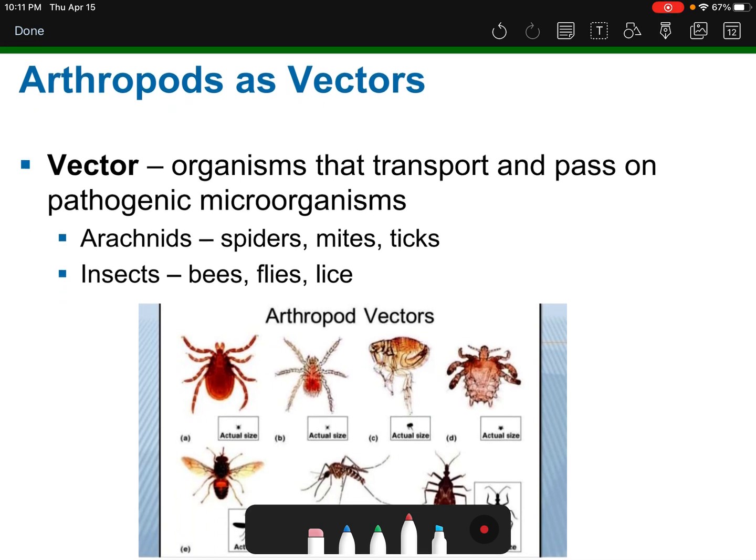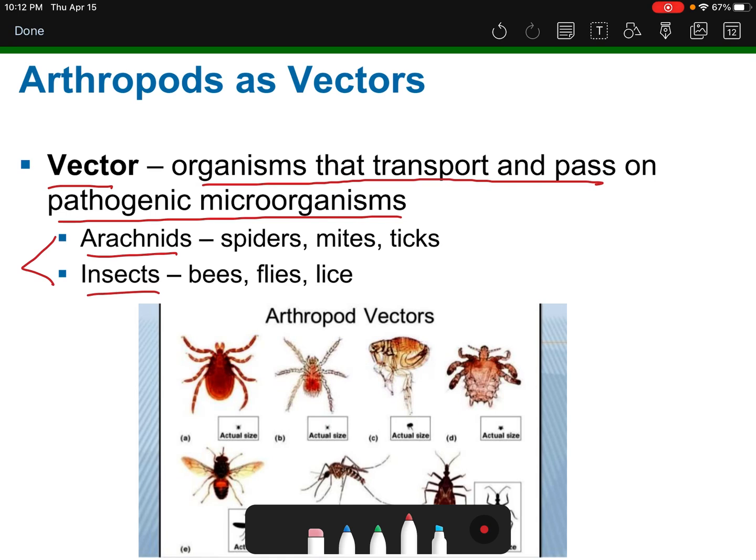Now, we can look at arthropods as vectors for some of these parasitic infections. A vector is an organism that transports and passes on the pathogenic microorganisms, and they generally belong to these two categories. They're either arachnids or insects.